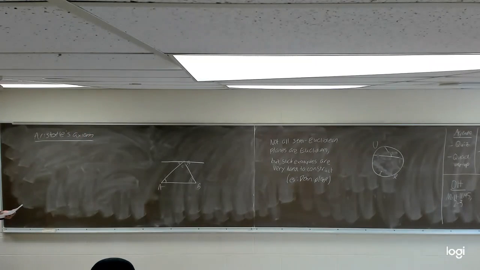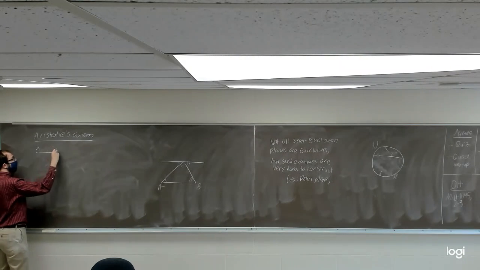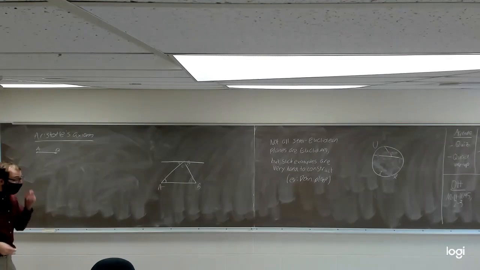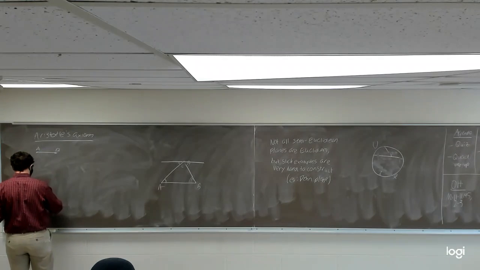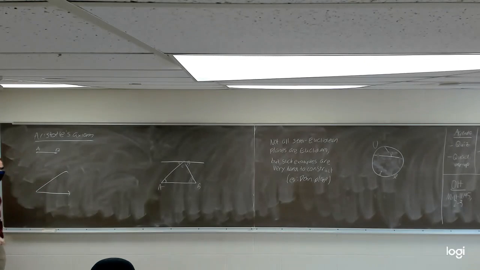So what that means is you give me any segment AB to start with that we're going to use as our measuring stick, and any angle that is acute. So here's an acute angle.